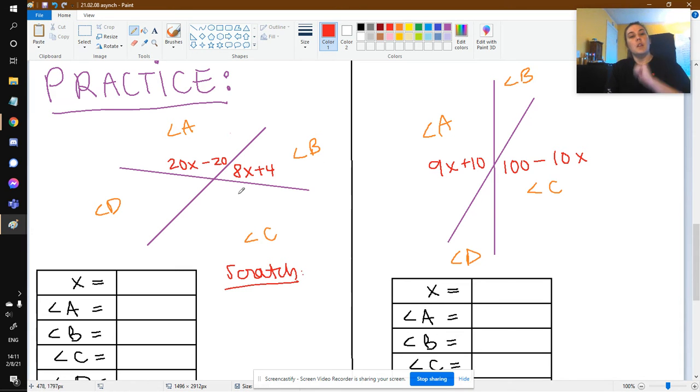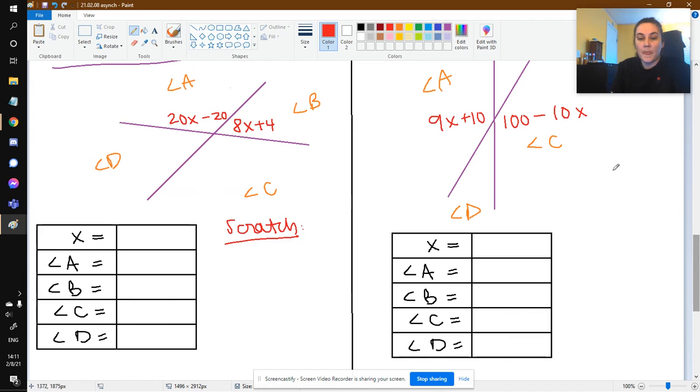In the first practice example, we've got that angle A is equal to 20x minus 20, and angle B is equal to 8x plus 4. We know that A and B are linear pairs because they're right next to each other, and they add to 180. So we can say angle A plus angle B is equal to 180.